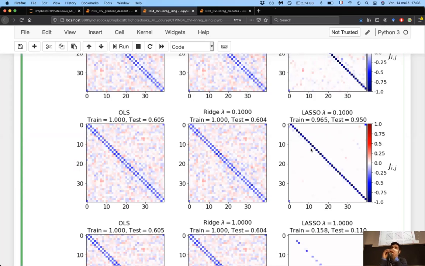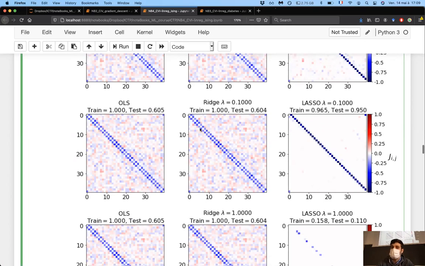So we have a vanishingly small subset of configurations and associated energy, and Lasso is able to almost perfectly reconstruct the model. So it's very powerful. And you see the test performance is 0.95, which is almost the same as the training performance. So here you are in a setting where you have almost no overfitting.